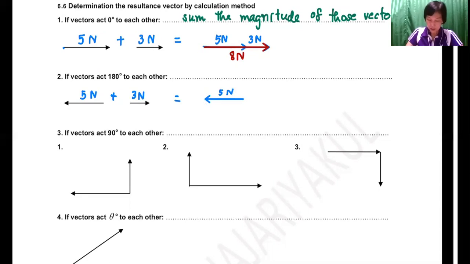Then I will add this 3 Newton vector, but I have to move its tail. Its tail must be at the same point as the head of the 5 Newton vector. Okay, and I will draw. This is the head of the 3 Newton vector.